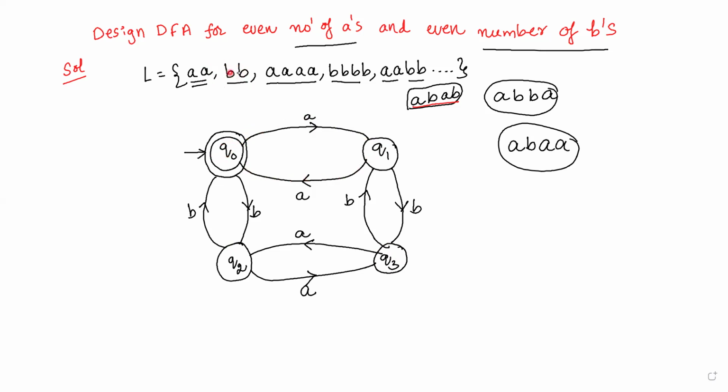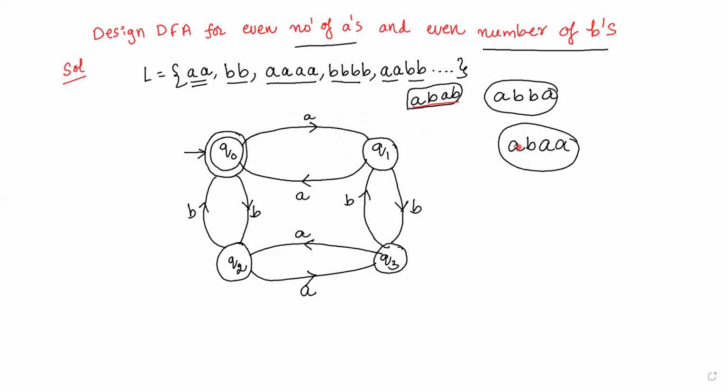It comes to the BB, starts from B, and again comes to the final state. A, A, A: this is the final state. B: it goes to the final state. A, B, A, B. So this is how to write the even number of A's and even number of B's.